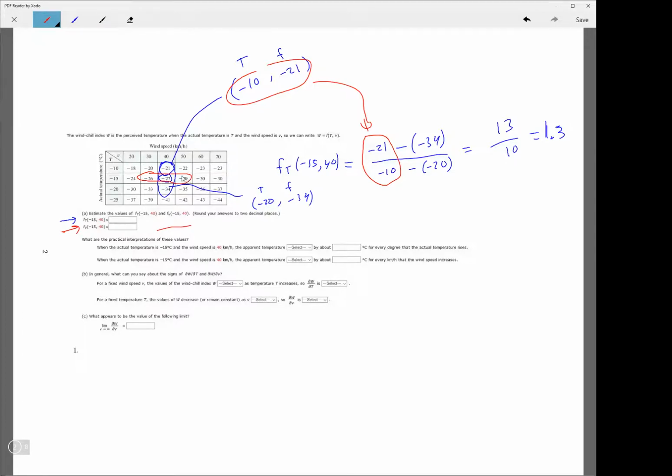So that's a negative 29. And there's a 50 there, because that's at 50. And then this is at 30, and that's a negative 26. That's going to be negative 3 over 20, which is, what's negative 3 over 20?